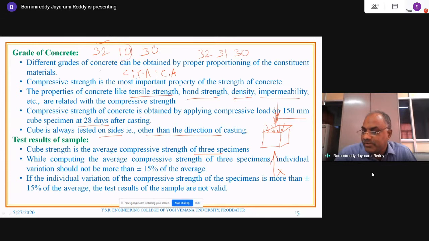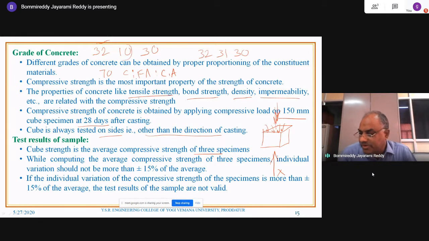It may be 10 or it may even be 70. Either a lower value or a higher value, but the deviation is large. When there is a large deviation, more than or less than 15% of the average, then the results are not correct. So the cube strengths must be within 15% of the average.